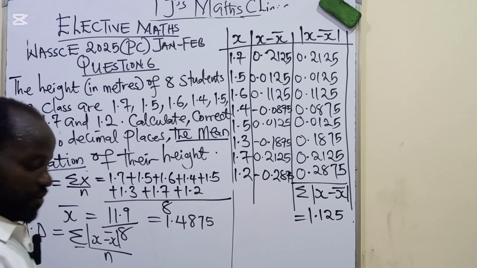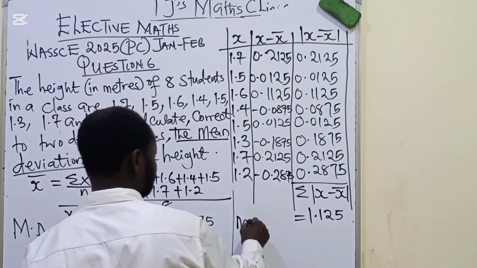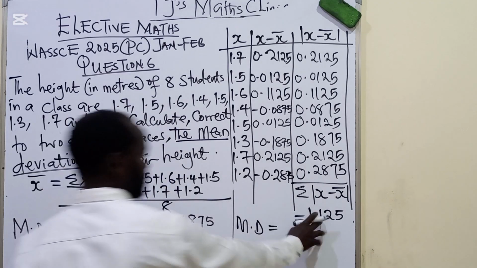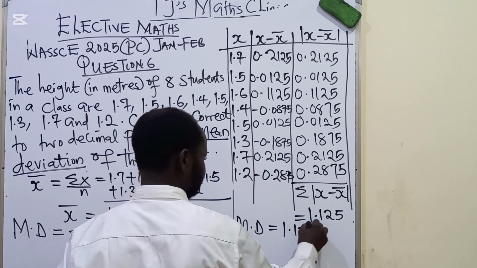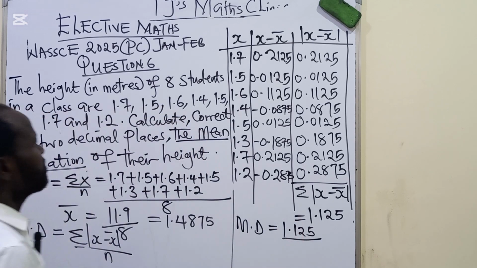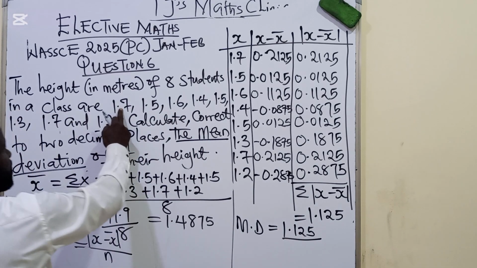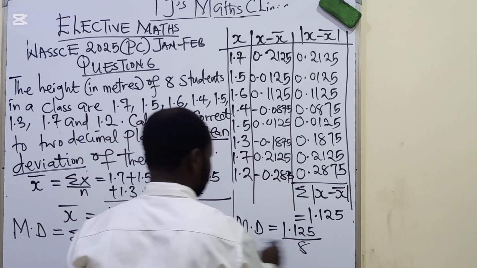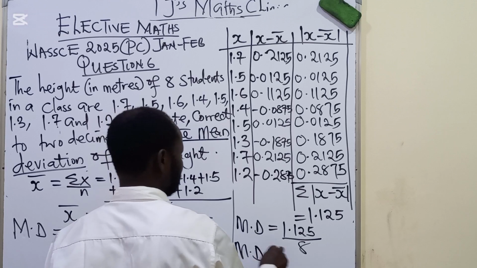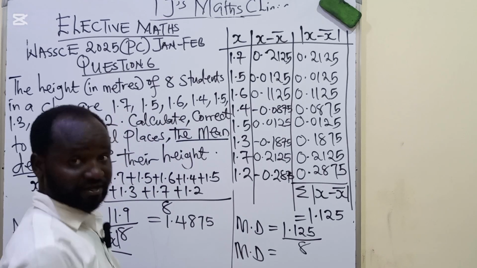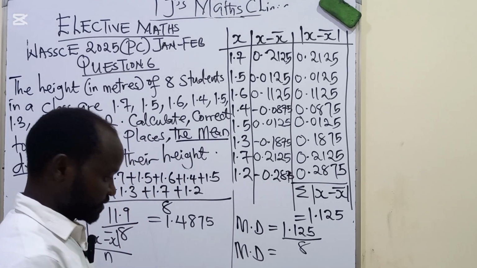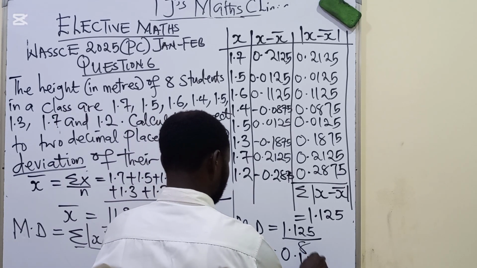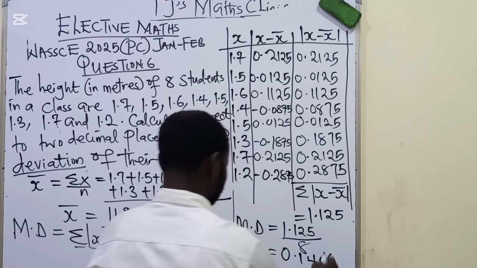So the mean deviation MD will be equal to the summation of the absolute value of x minus x bar, which is 1.125, divided by the number of values we have: 1, 2, 3, 4, 5, 6, 7, 8, so divided by 8. Finally, the mean deviation will be 1.125 divided by 8, which gives 0.1406.